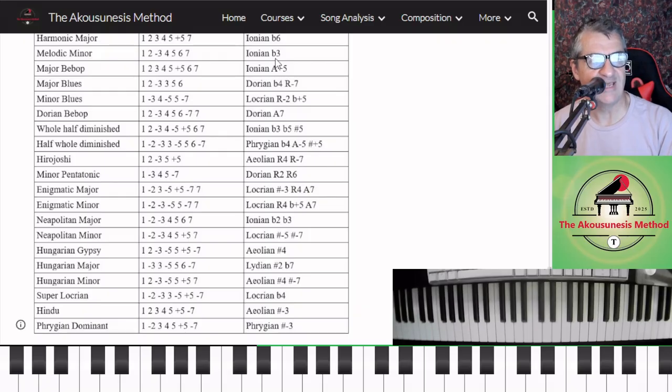You can flatten, you can sharpen, and you can remove. An R is a remove, an interval, and an A is an add, an extra interval. So you can do 4 operations. And you want to keep these as minimum as possible. You can describe this formula in 7 different ways, all of the modes.